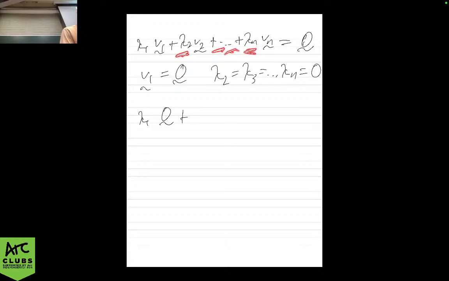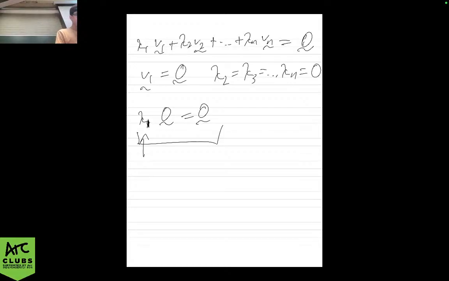Everything here goes to 0, and I'm only left with this term here, so I would have lambda 1 times the 0 vector equals 0 vector. Notice here, this lambda 1 could take any value it wants, and this expression would still be true, because any constant lambda times the 0 vector is the 0 vector again.